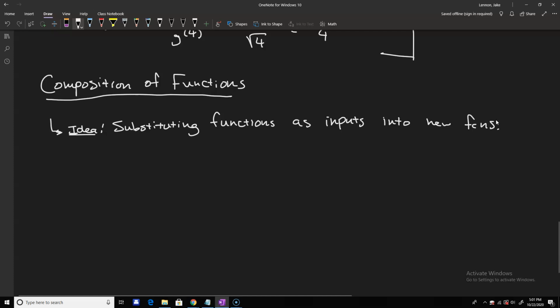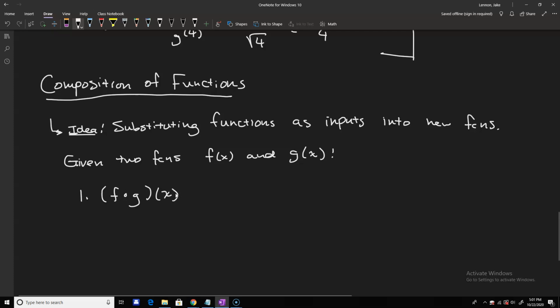So we could say given, and we have a special notation for it that's often used. So given two functions, let's say f of x and g of x. So 1, this is f with a little circle and g of x. This is known as f of g of x.